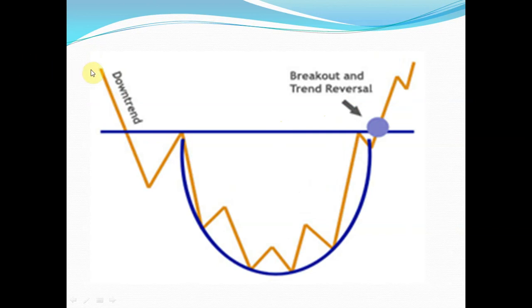From here you see there is a downtrend, then again you see, then you see it breaking the neckline here. You can draw a neckline, then you see the breakout, uptrend reversal, it is going in an uptrend.